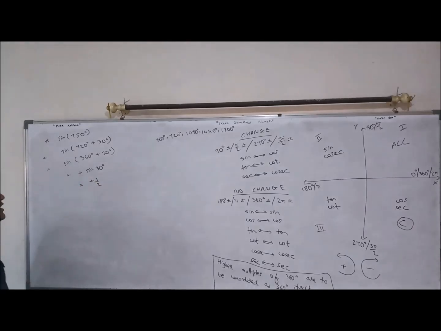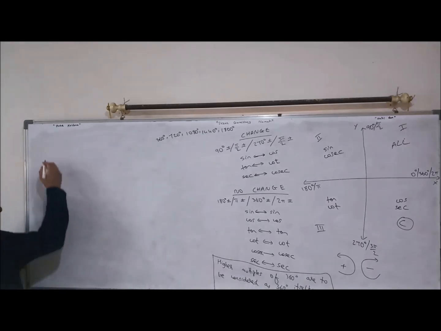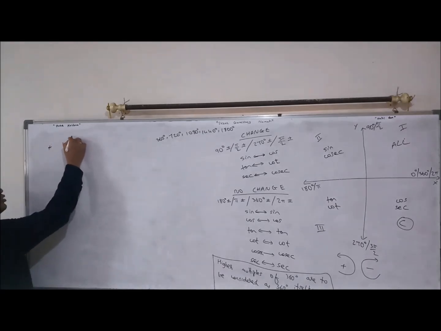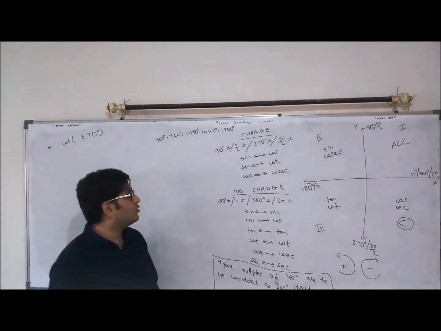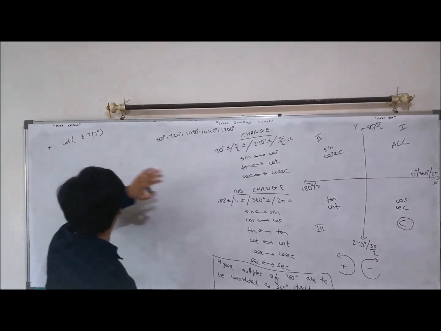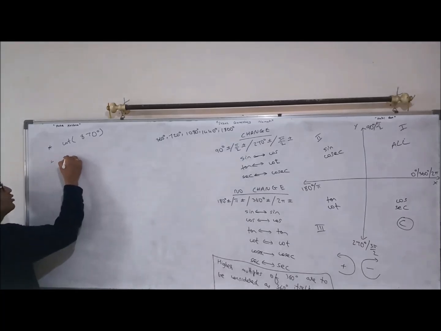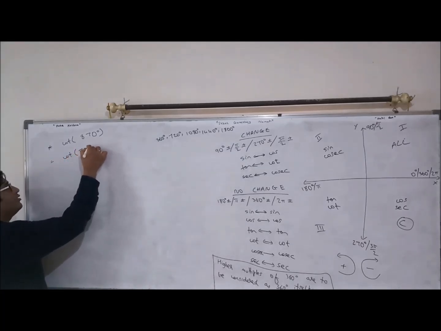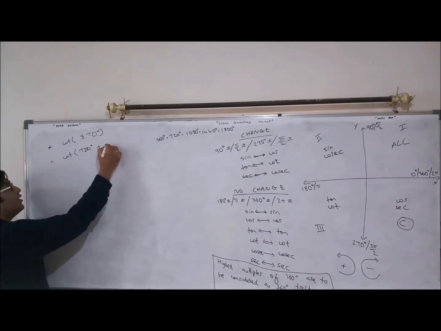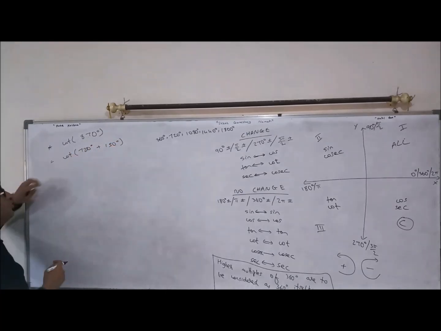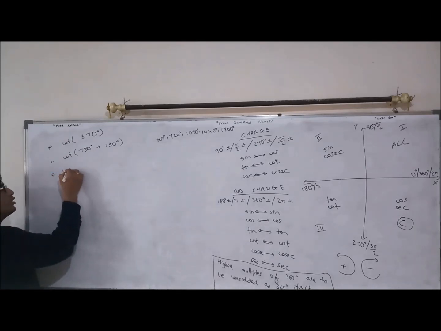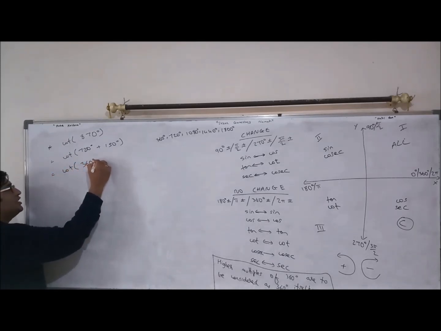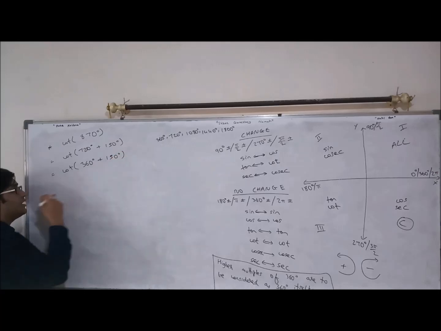Okay students, I hope you are getting it. Let us take some more examples. What if you want to calculate cot of 870 degrees? Now 870 is closer to 720. So let us express 870 as cot of 720 degrees plus 150 degrees. Now we replace 720 by 360, so we get cot of 360 degrees plus 150 degrees.